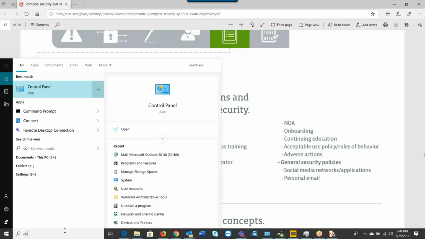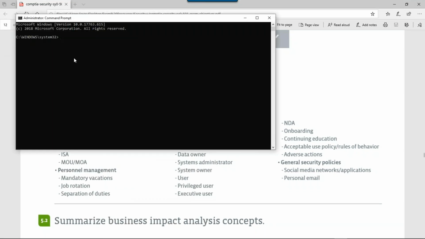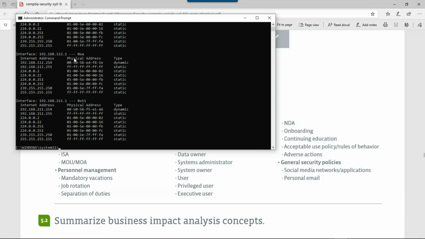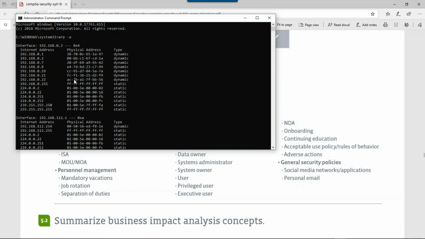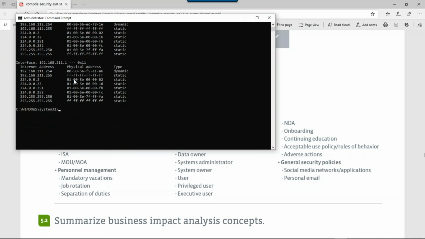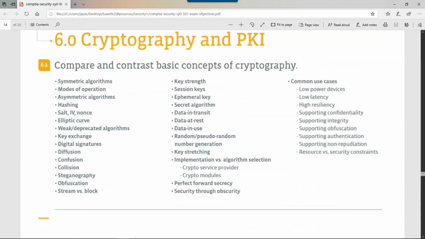I could go CMD, right? And I could type some stuff in here, and I could get a look at the output, see what it looks like, all right? Things like that. So that's what I recommend doing, is getting your hands on the software that's going to give you the output.